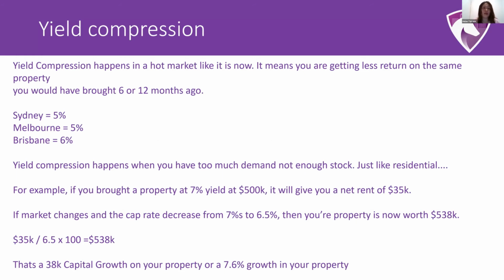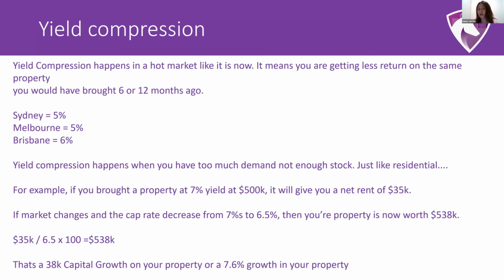Anyone who bought 12 months ago already made capital gains, whether they're regional or in metro. Anyone who's even buying now for the next 12 to 18 months will continue to make capital growth on the back end. So that's actually really important to know, because at the moment, because of the yield compression happening so fast, there is actually a really good chance, if you are doing any kind of property uplift, you are going to receive massive capital gains at the back end.